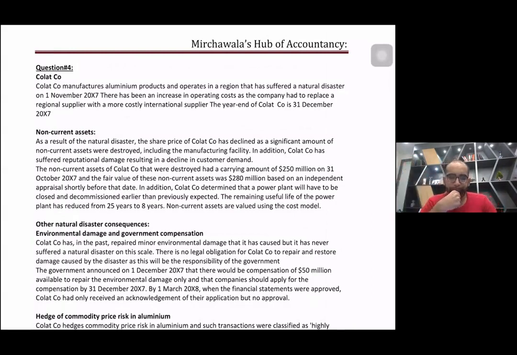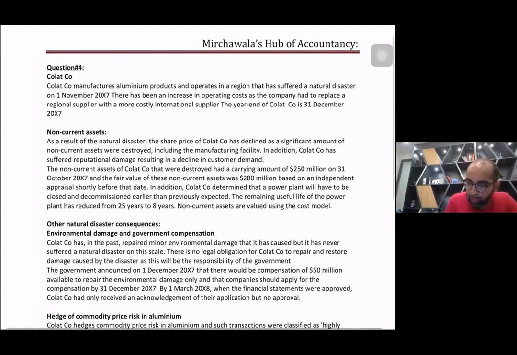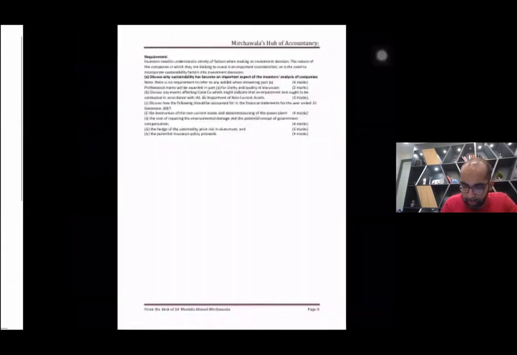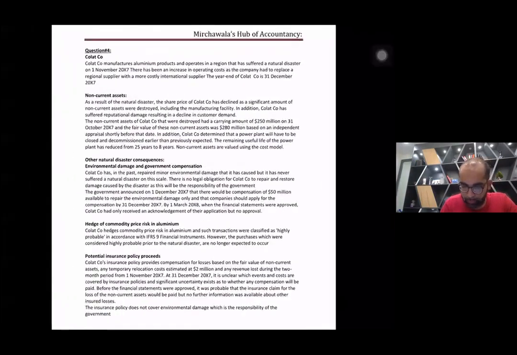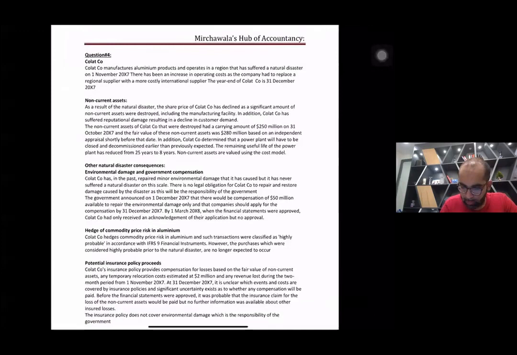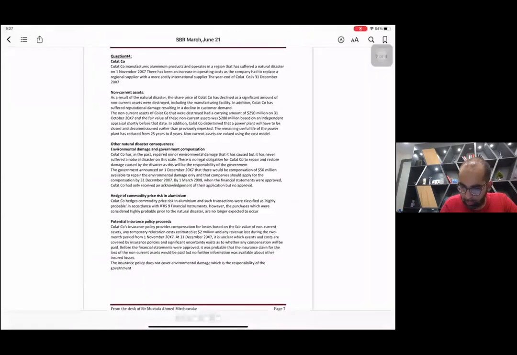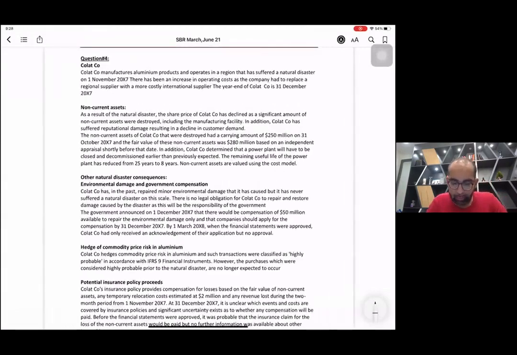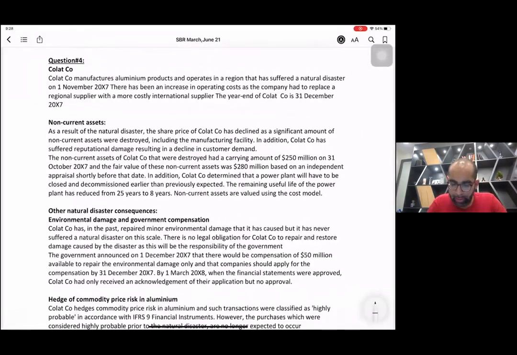Now, Collat company manufactures aluminium products and operates in a region that has suffered a natural disaster, like an earthquake or something that came in that area.